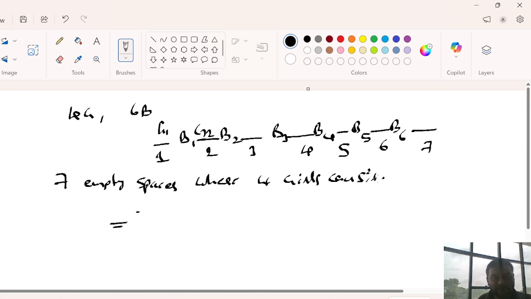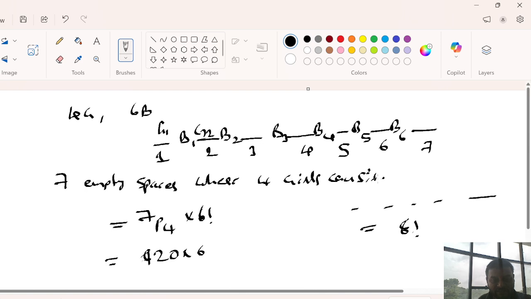This can be done in 7P4 ways, and boys internally can be arranged in 6 factorial ways, because the boys' positions can be changed. Totally 6 places are there, and 6 places can be arranged in 6 factorial ways. So as per the given condition, we can say 6 factorial, that is 720.